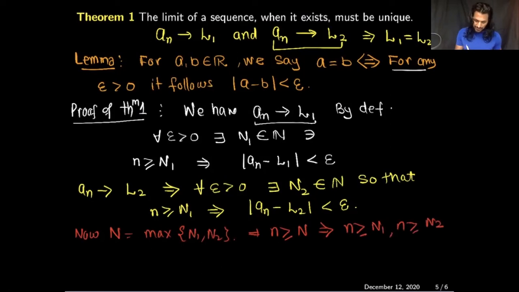So if n is bigger than N1, this is true. And since n is also bigger than N2, this is true as well. So these two hold when n is bigger than capital N.